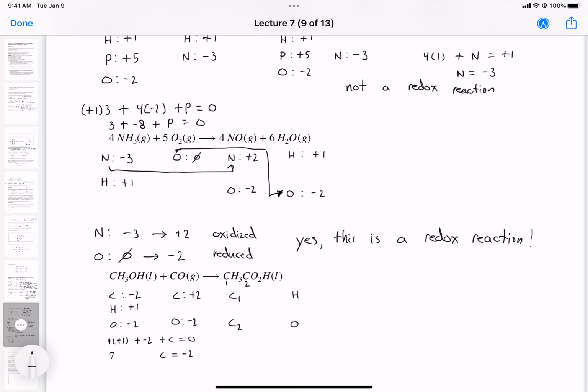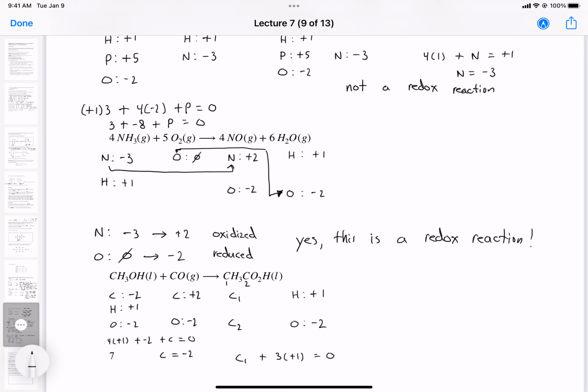So in this case, we have to assign the oxidation states a little bit differently for carbon. Hydrogen is +1 again, and oxygen is still -2. Now we need to determine the individual carbon oxidation states. So remember, for C1, we have C1 plus 3 times +1 for all the hydrogen atoms equals 0, right?